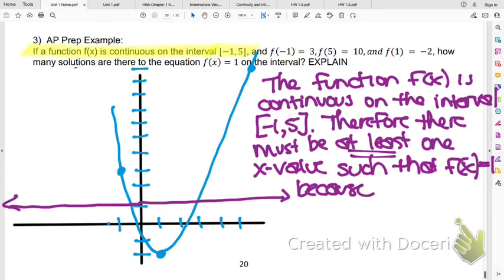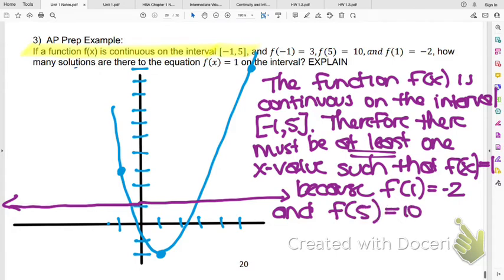Okay, because f of 1 is equal to negative 2, and f of 5 is equal to 10, and then one last thing, one of those y values is less than 1, one of them is greater than 1, yes?